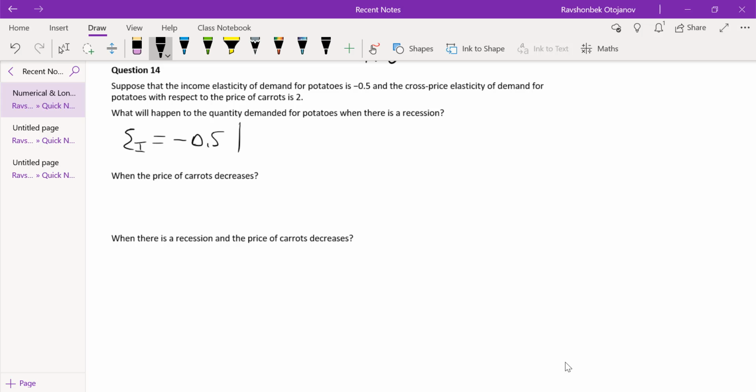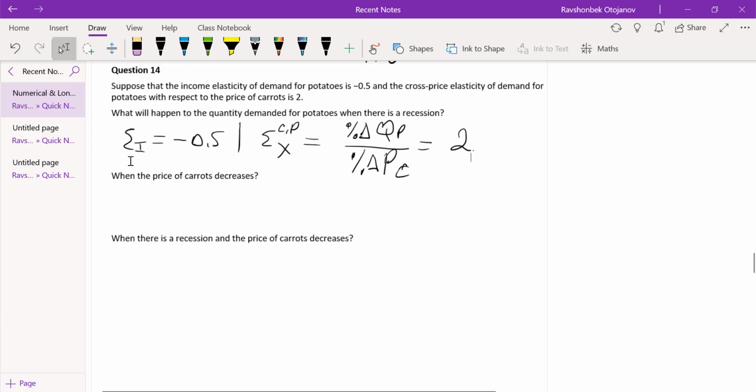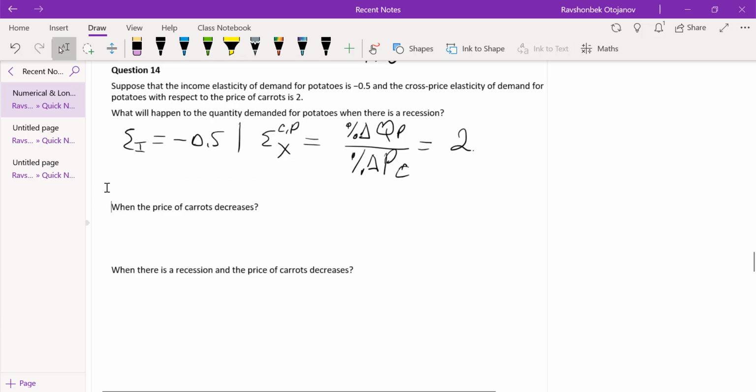So the cross price elasticity between carrots and potatoes is the percentage change in quantity demanded for potatoes over the percentage change in price of carrots. Carrots, this is C, is 2.